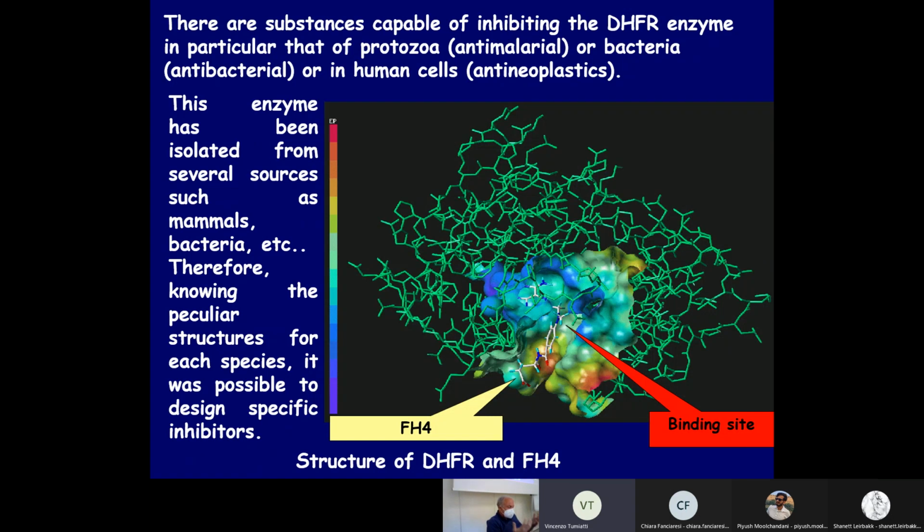So we know the differences between these two enzymes, but the binding site is very similar. The two binding sites are very similar. And so it is not easy to design selective inhibitors of this enzyme in bacteria and in mammals.